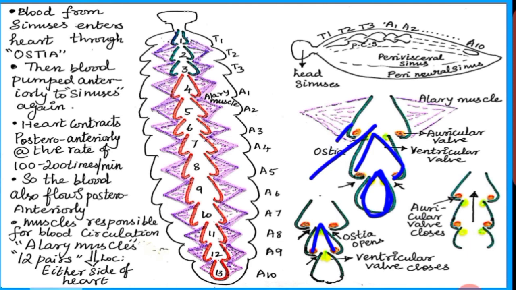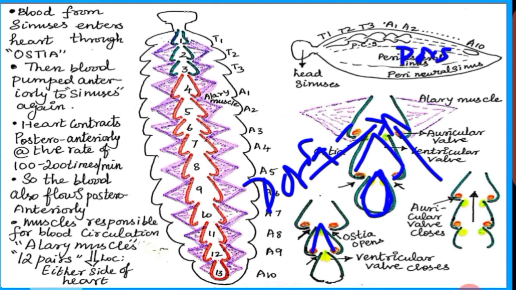At that time, through the ostia, the blood enters inside the heart from the dorsal sinus. This is the dorsal sinus. Blood from the dorsal sinus enters inside the heart through the ostia when the ventricular wall closes.